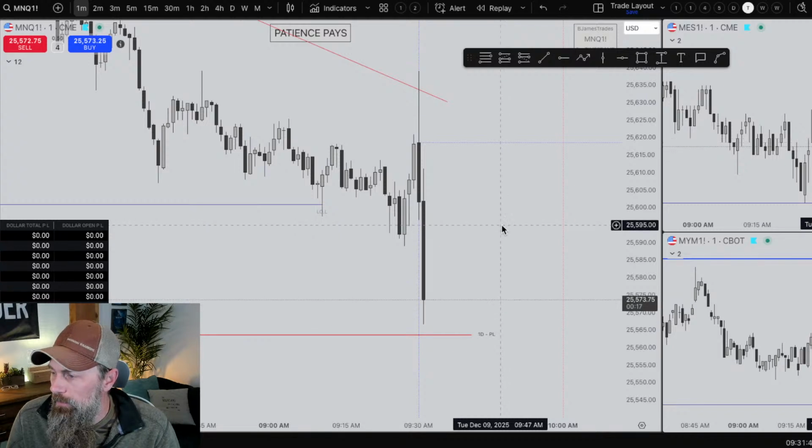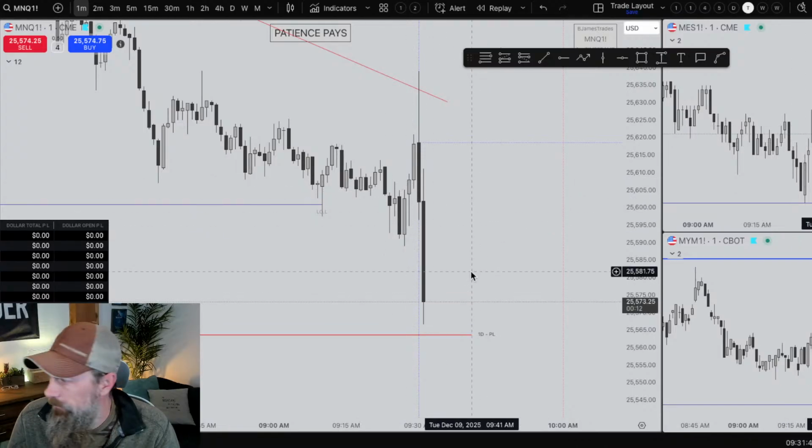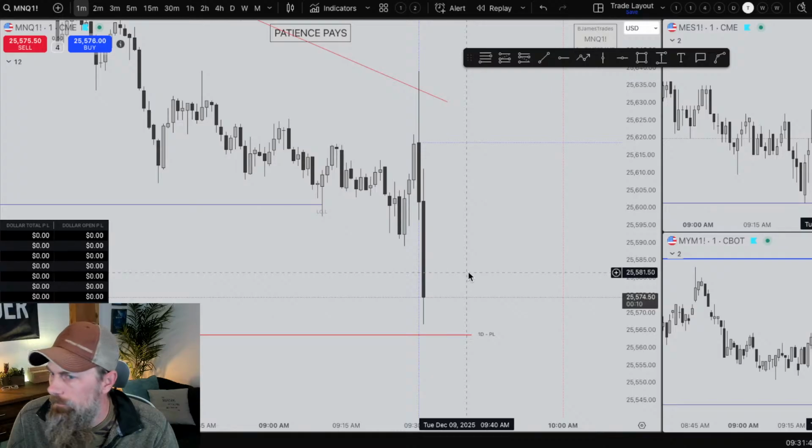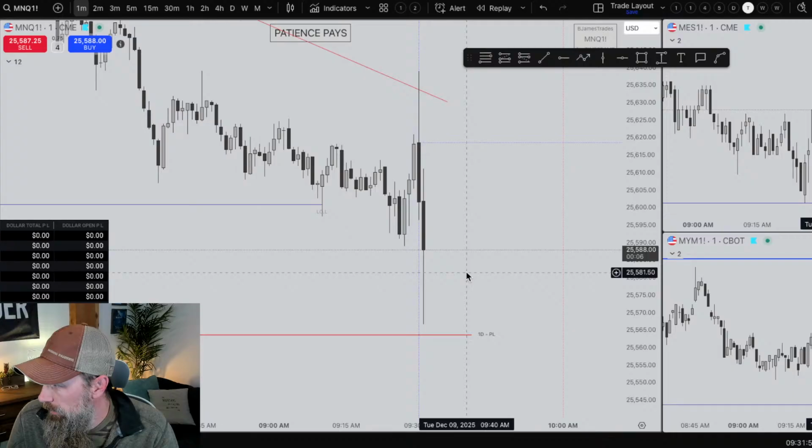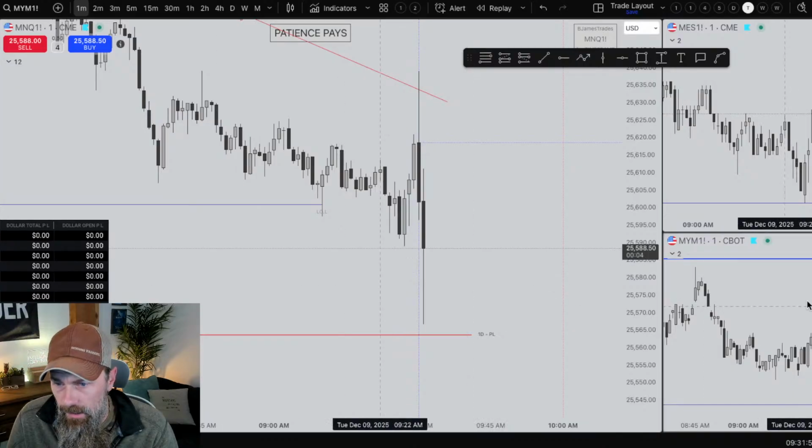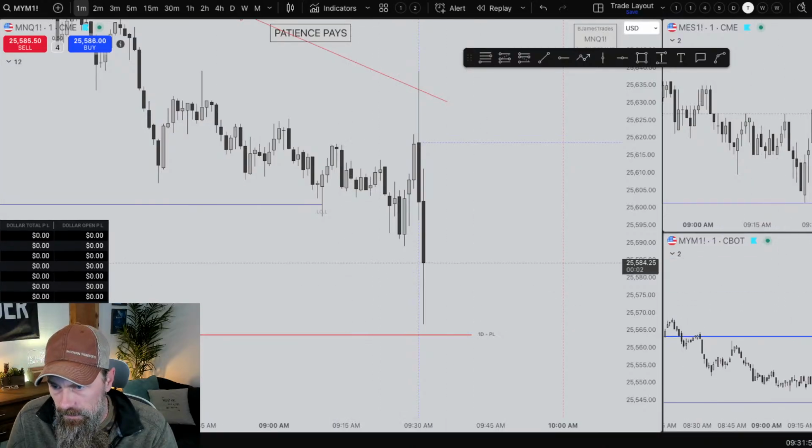Oh, wow. So we formed a 15-minute C2 candle, and then this one just blasted right through it. YM is completely decoupled and took London highs. Look at this.